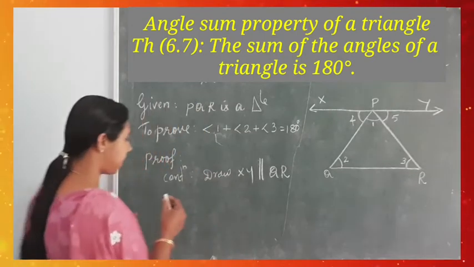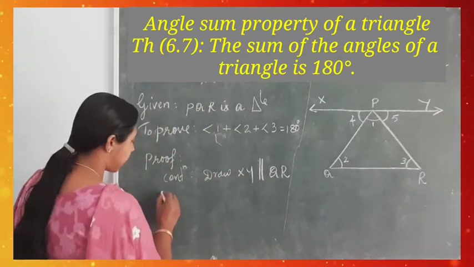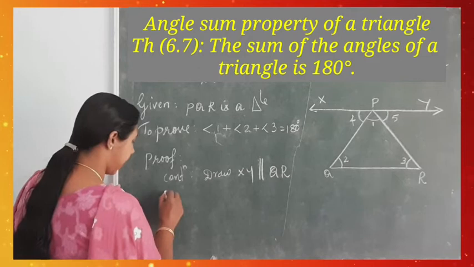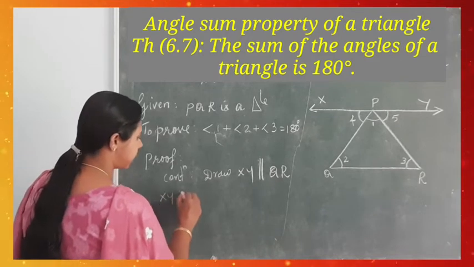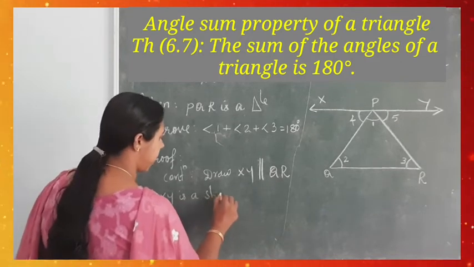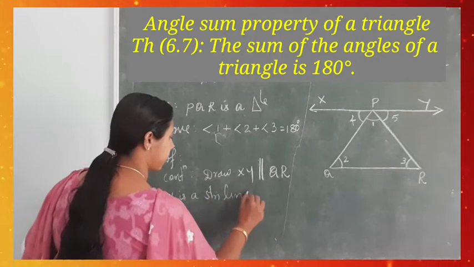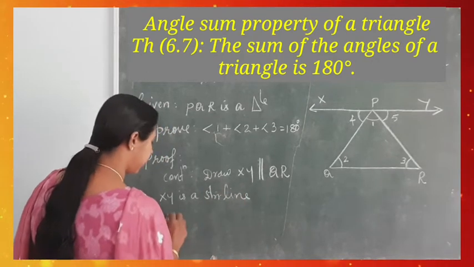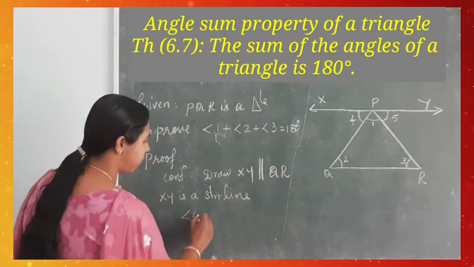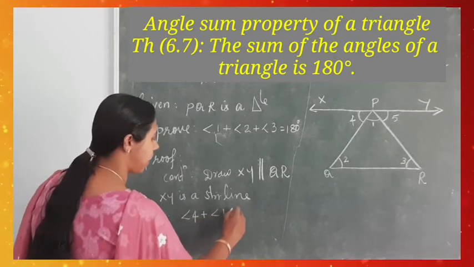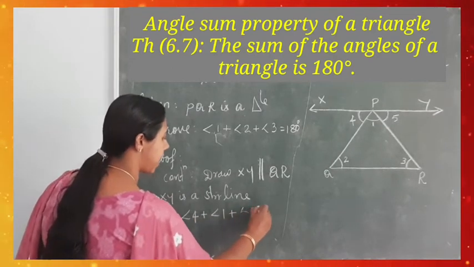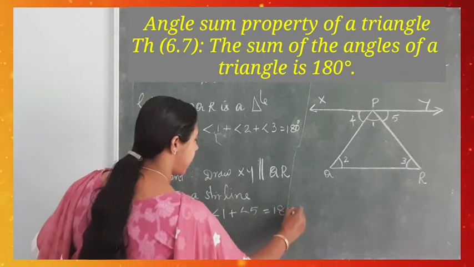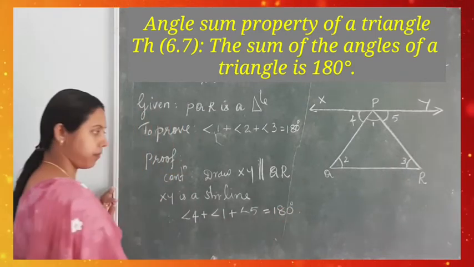So first we can write here: XY is a straight line. Therefore, angle 4 plus angle 1 plus angle 5 is equal to 180 degrees.